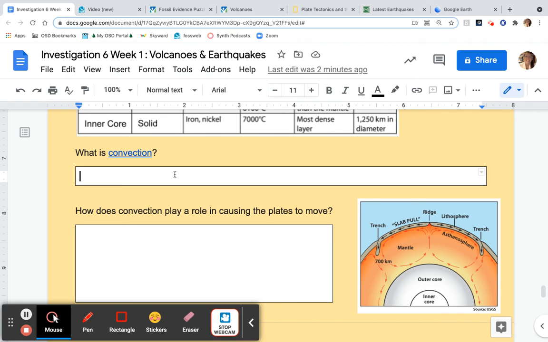And so you could say it rises or it's pushed up, and that creates a cycle. Or something like that. Or you could Google it.